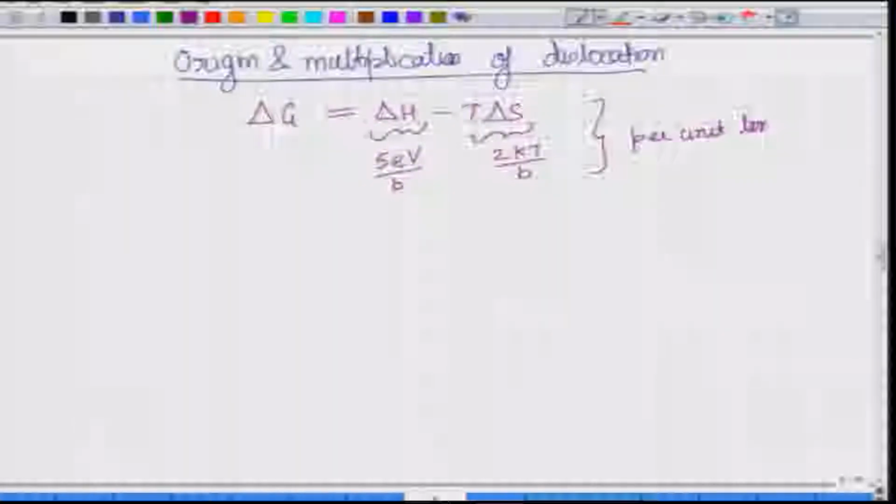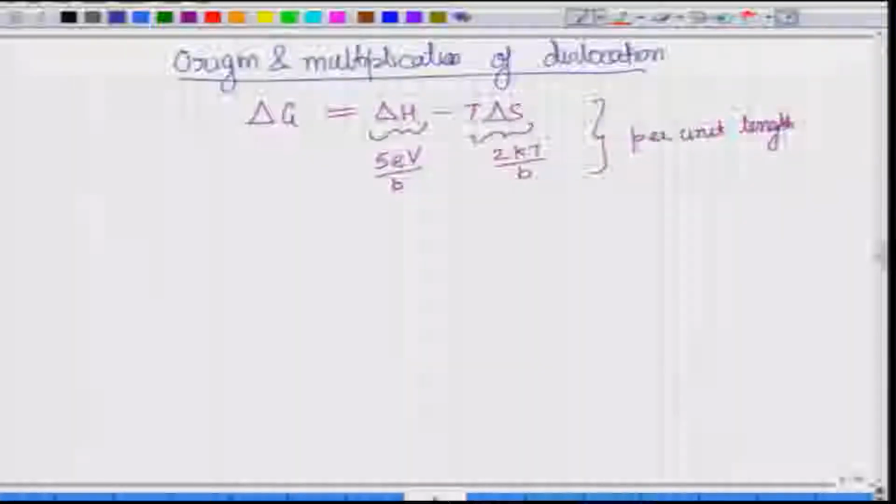Of course, the denominator of length would be common in both of these. You can see that this quantity is increasing with temperature, and therefore, this will become more and more negative as we increase the temperature. But at what temperature will this quantity be sufficiently high so that it becomes negative?